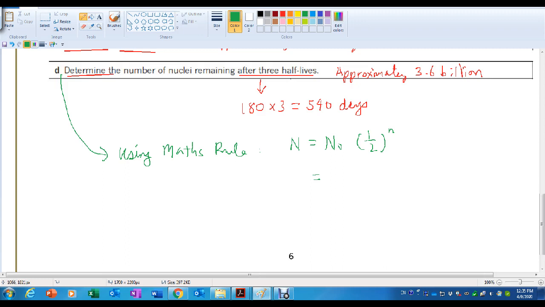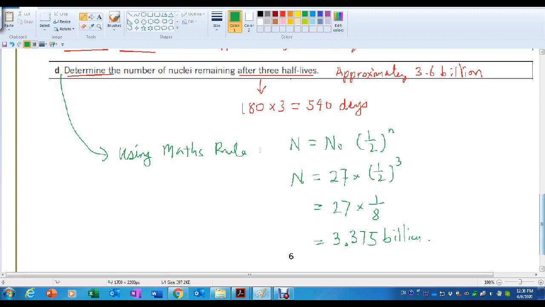Okay, so we know that N naught is 27 billion. After 3 half-lives, n is 3, right? So we're going to find N, right? So let's try to do some calculation. It's 1 over 8. So you see the answer will be 3.375 billion.